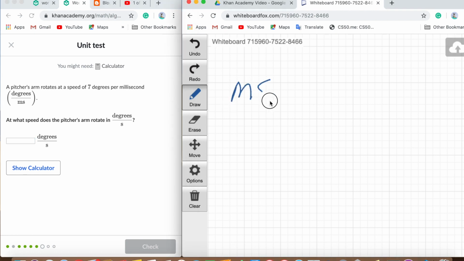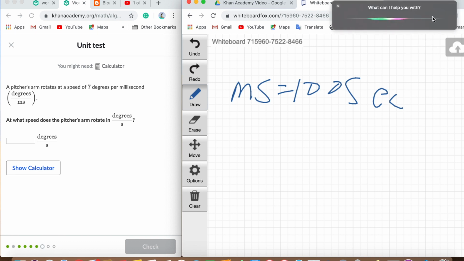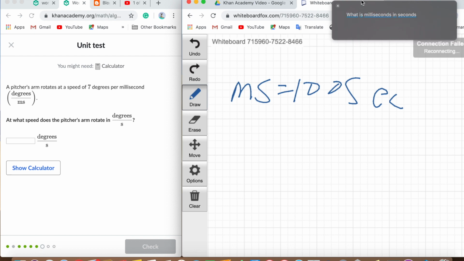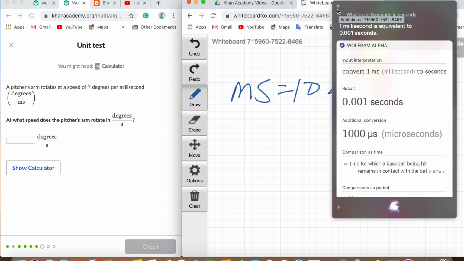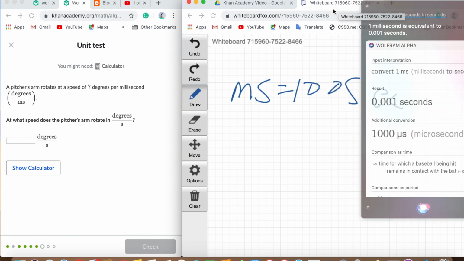Millisecond is equal to 1,000. Wait, no, it's 100 second. Right? Let me do a quick search. What is millisecond in second? 1 millisecond is equivalent to 0.001 seconds. Oh yeah, so it's 1,000.